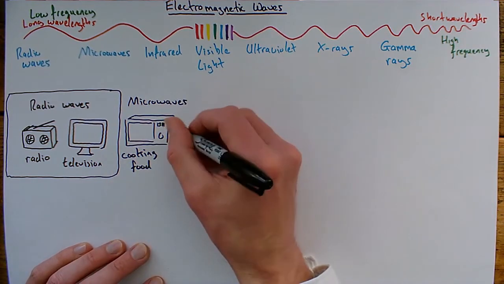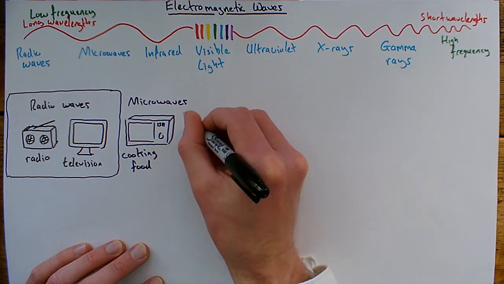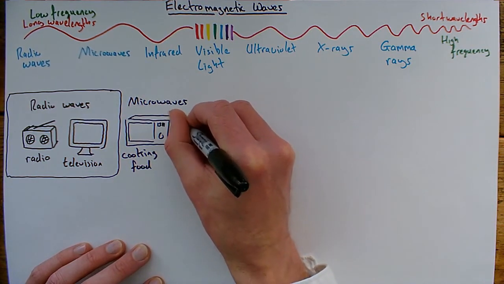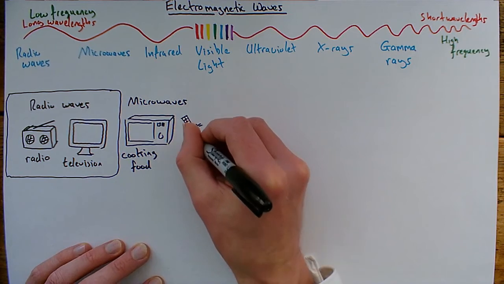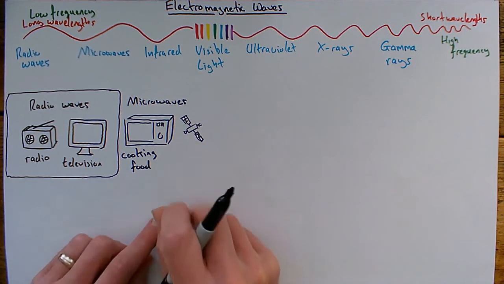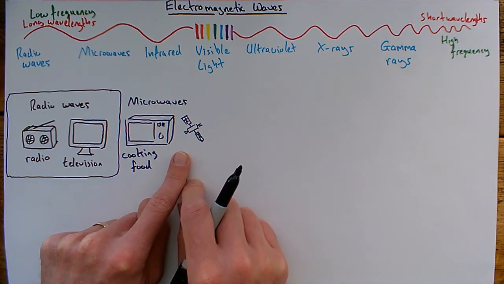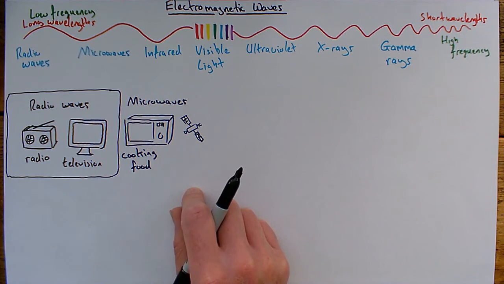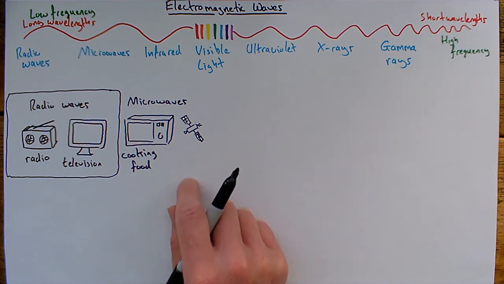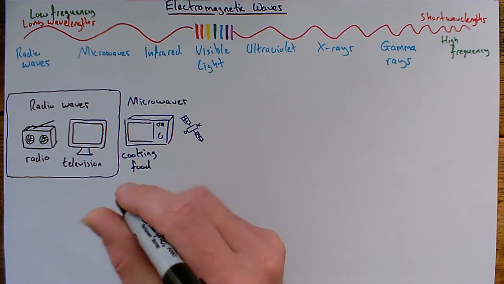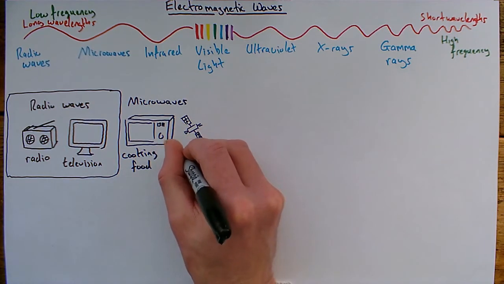And also microwaves are used for communication, but specifically satellite communication. Now, the advantage microwaves have is microwaves can get through the atmosphere, get up to a satellite above the Earth, be beamed back down through the atmosphere at a different point, okay? Whereas radio waves can't get through the atmosphere. So microwaves are used for satellite communication.